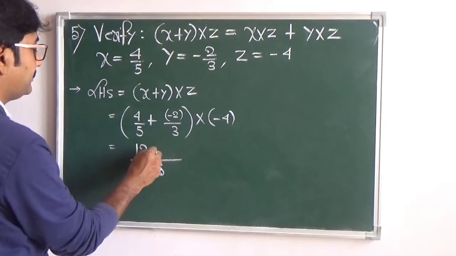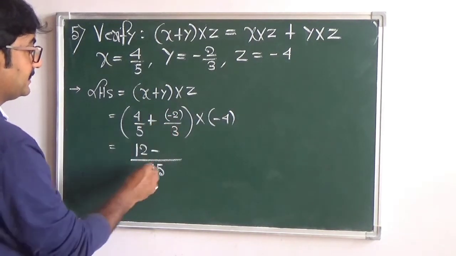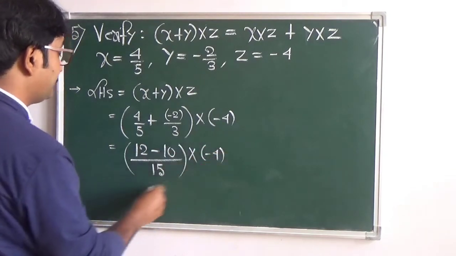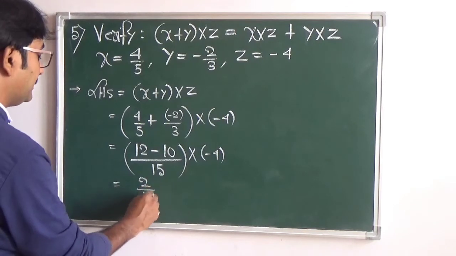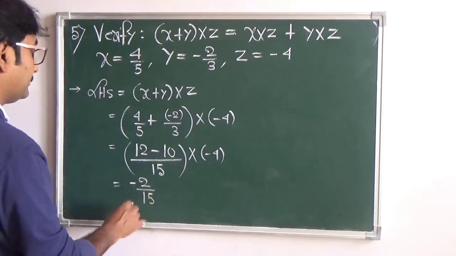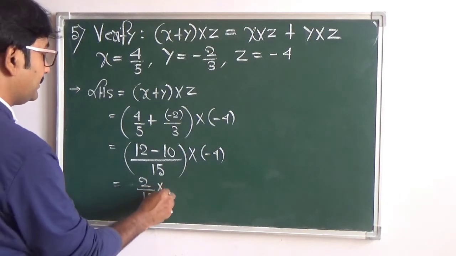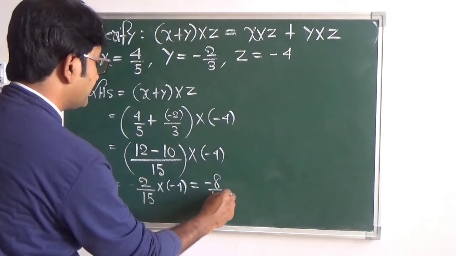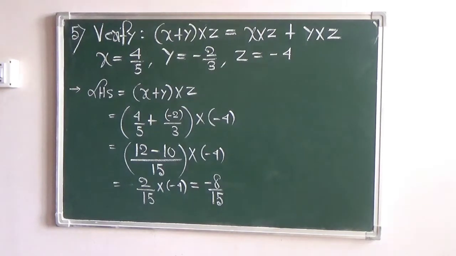So it is 12 minus, plus into minus is minus, this is 10 multiplied by minus 4. So it is 2 by 15 into minus 4. So the final result is minus 8 by 15. So this is the left hand side.